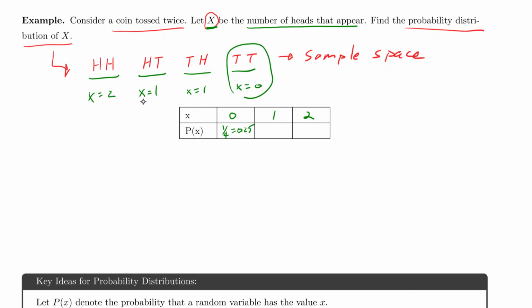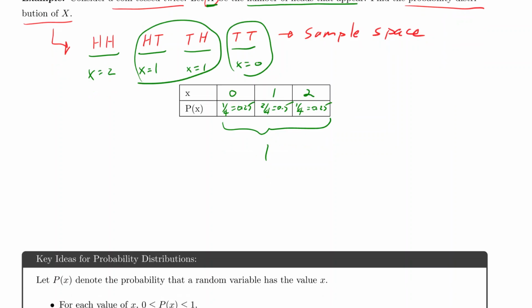For 1, there are 2 out of 4, which is 0.5. And for heads to appear twice, there's only one of them, so it's 1 out of 4 again, just like 0, 0.25. So of course, if we add all these up, we get 1, because in a probability distribution, all the probabilities should add up to 1.